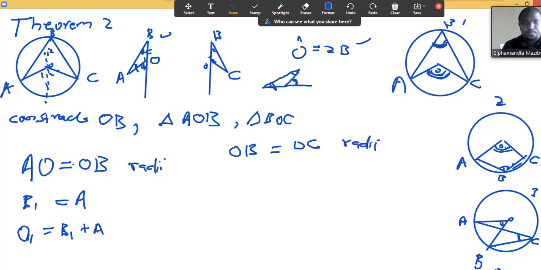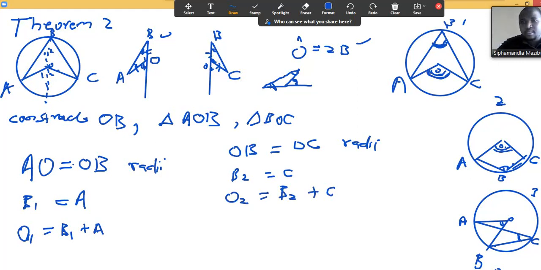Since these two are equal, we can say that B2 is equal to C. And since this is our O2, we can say O2 is equal to B2 plus C.